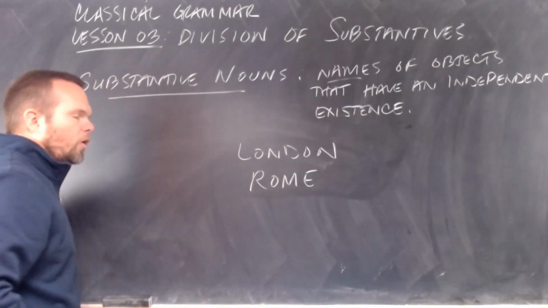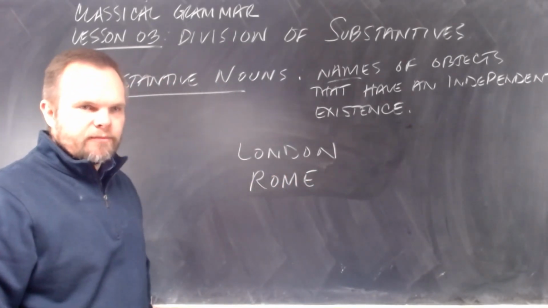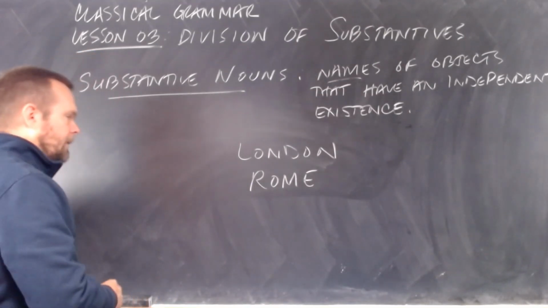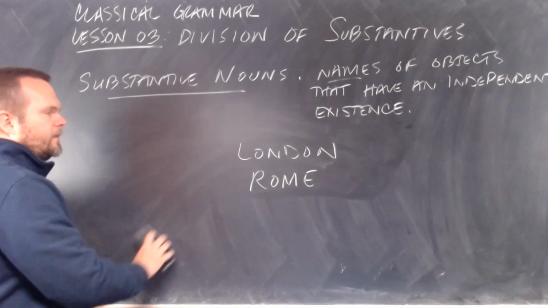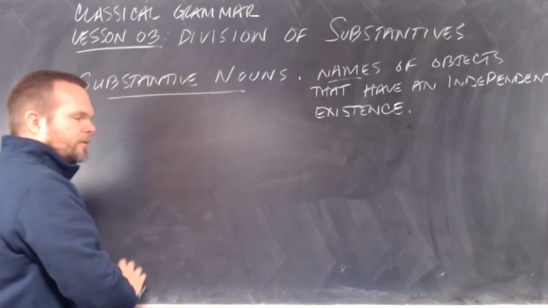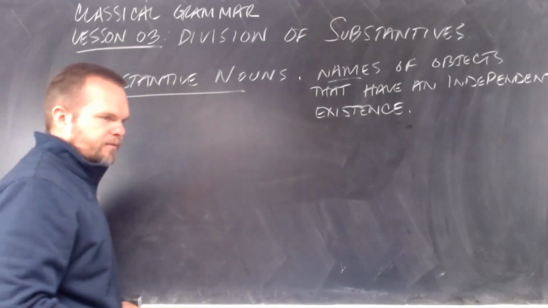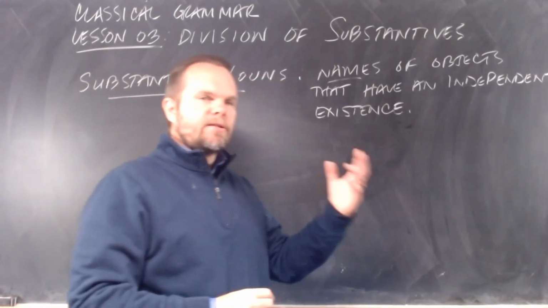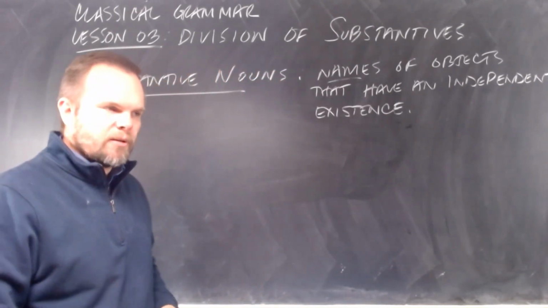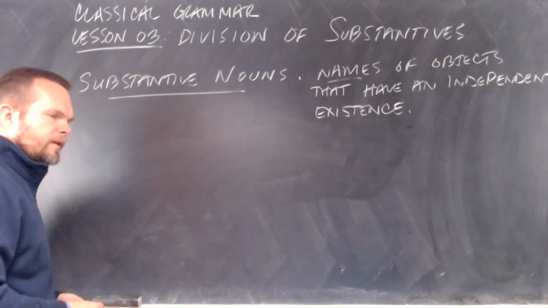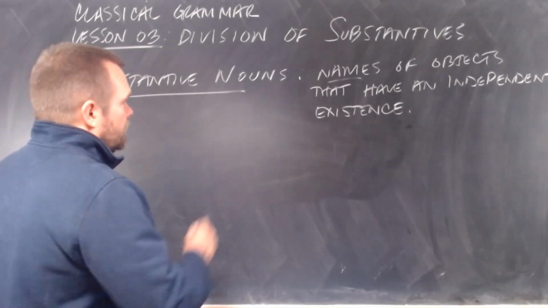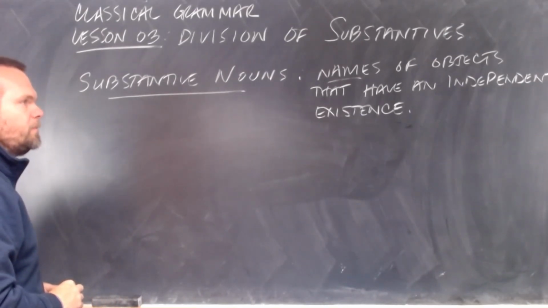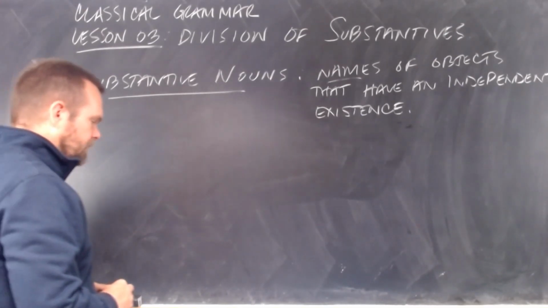The name Rome can stand by itself. It's a substantive noun. It's a name of a thing that has independent existence. It doesn't have to exist in something else. An adjective can't stand by itself. It has to be joined to some substantive or some pronoun. So substantive nouns are names of objects that have an independent existence. They're names that can stand alone.